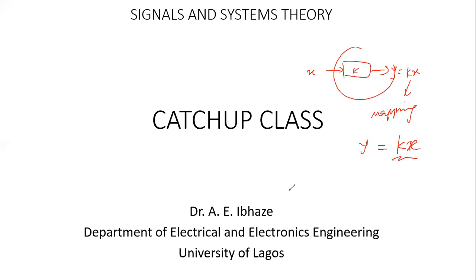So causal systems are systems that are not dependent on future input, while the non-causal systems are systems that are not causal. These are systems whose output at the present instant of time may depend on the past, present, and future values of the input. We also made mention of anti-causal systems, which are systems whose output at the present instant of time depends only on the future values of the input.